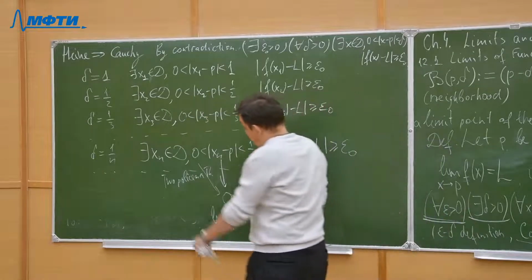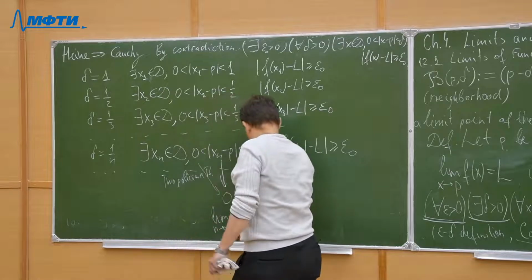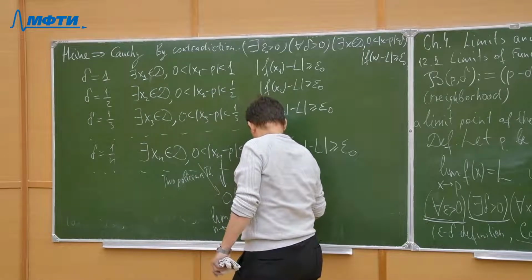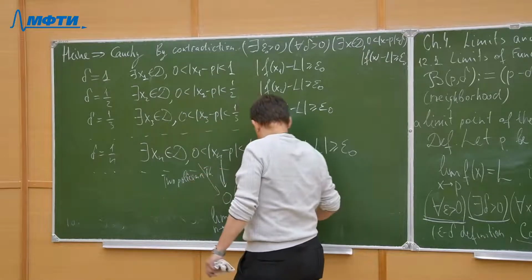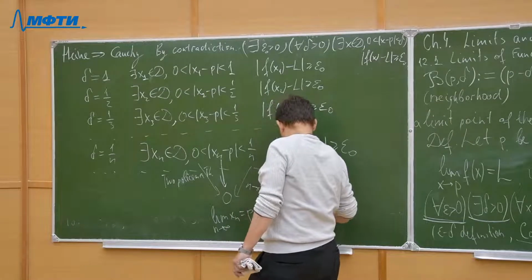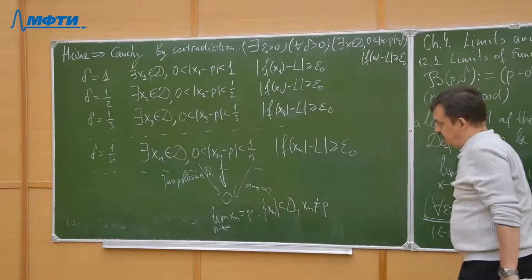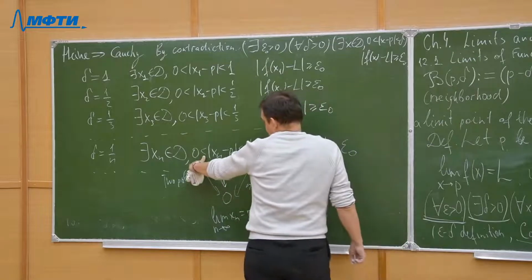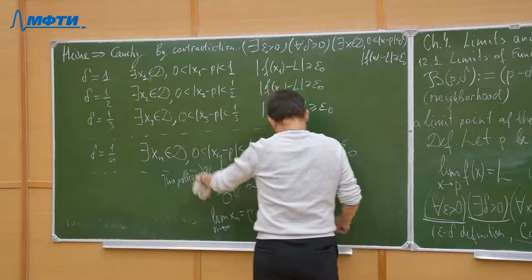Moreover, look, xn is in D and xn not equals to p, because for every n we have greater than 0 here.